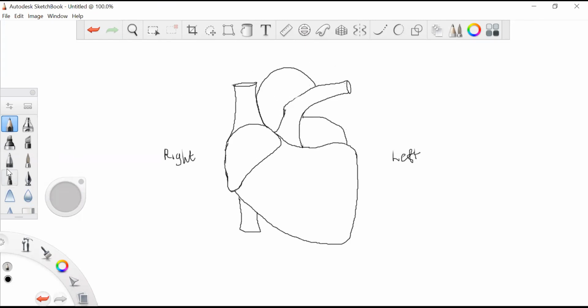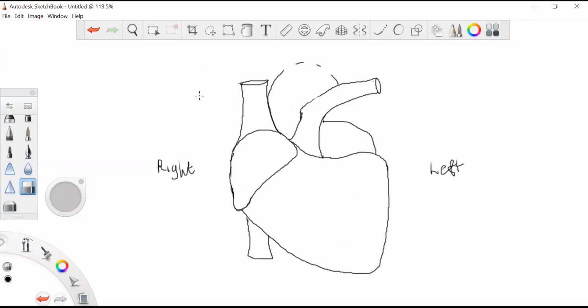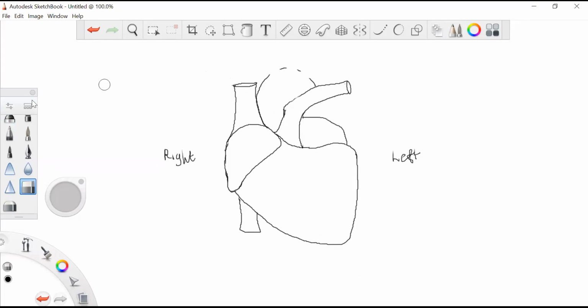Okay, to add in more details, you can draw the branches of the aorta. There are three vessels that emerge here. Some carry blood to the neck and to the head. So there are three branches here you may draw. One, two, and three.